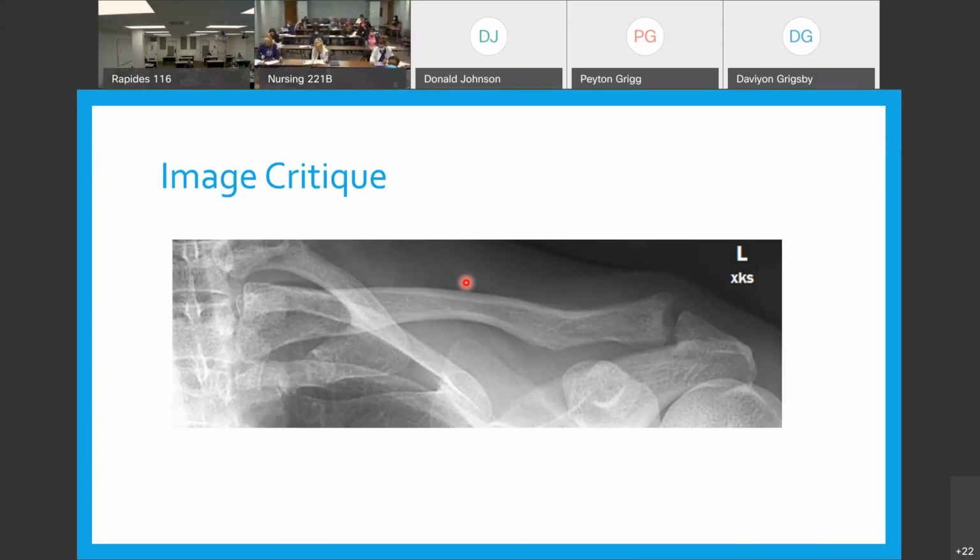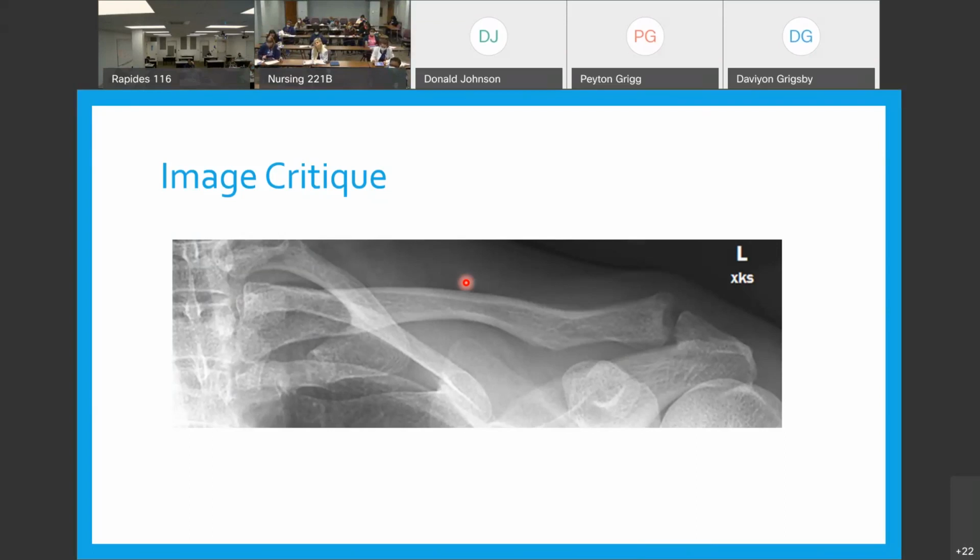If we add the lordotic position to this, that's part of our angle, then we come with our 0 to 15. If the patient's standing straight, we go 15 to 30. So you could have two answers there, because we don't know what the patient was doing, right?